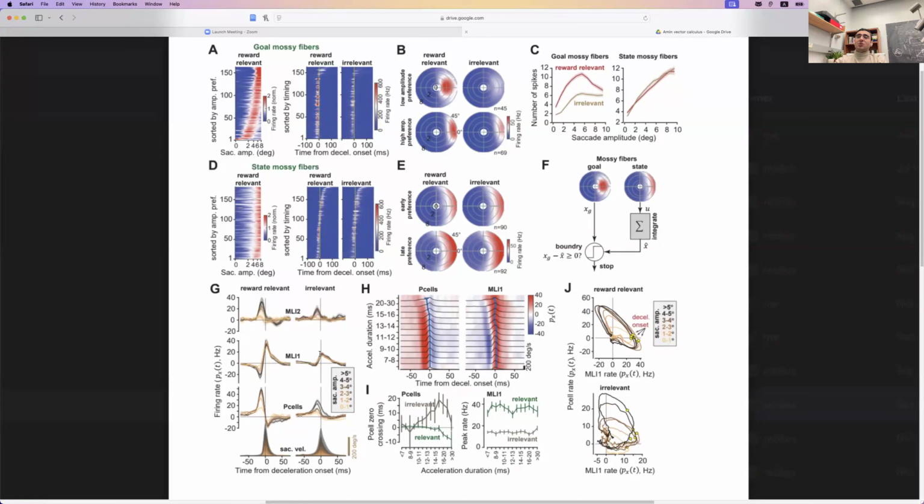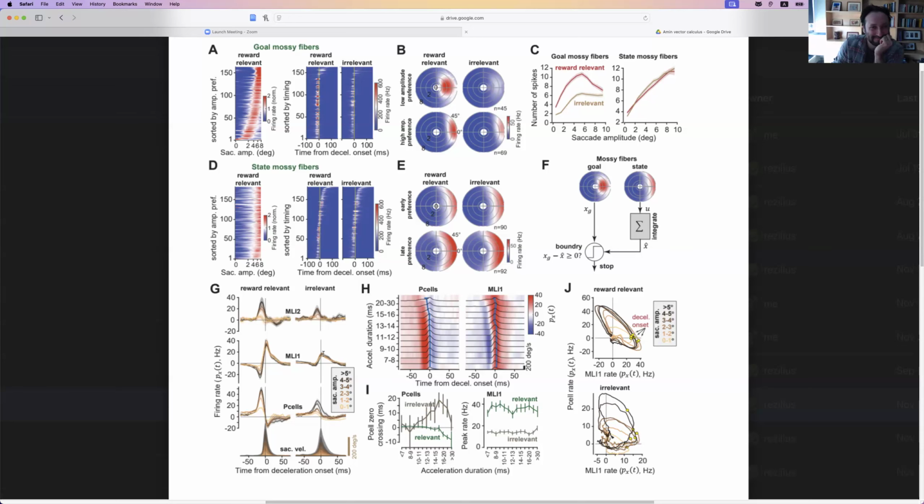Also, it's not present when you don't have the sensory goal. So what is the purpose of integrating when I don't know where I should end the integration? I don't know, but we are not sure about the biological substrate of this displacement integrator.